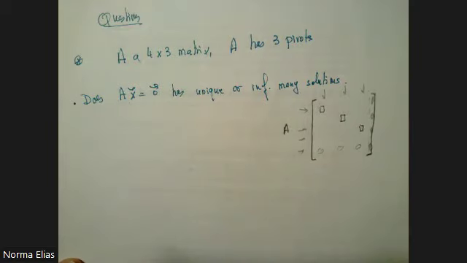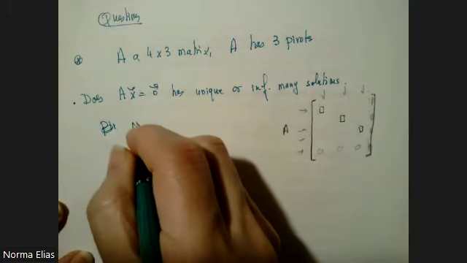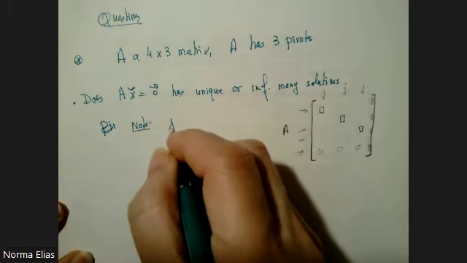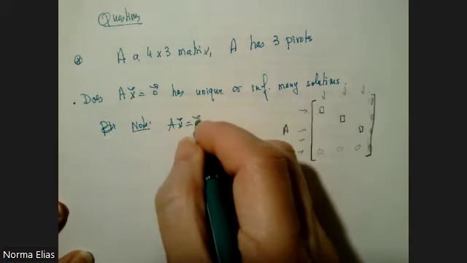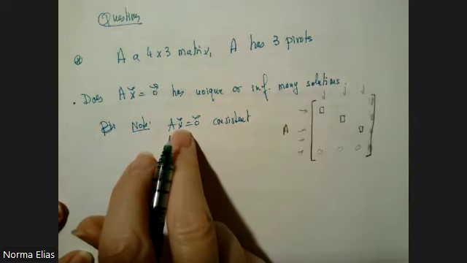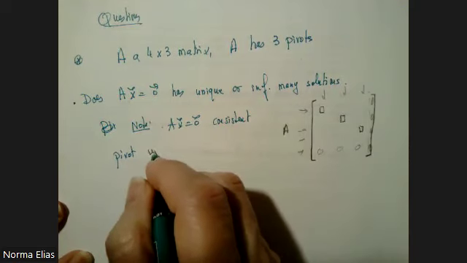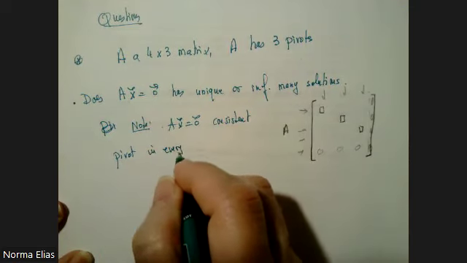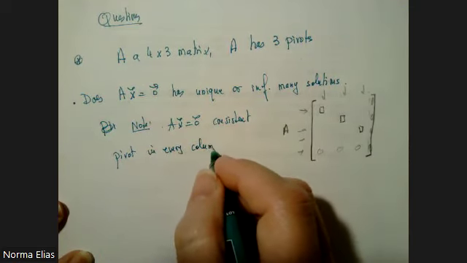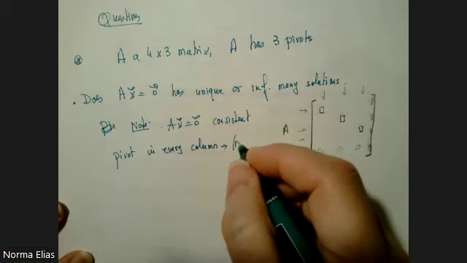So the system is consistent, since I have a pivot in every column. So first note, AX equal to 0 is consistent. 0 is a solution. Now, since we have a pivot in every column, that's a 4x3, it means no free variable.